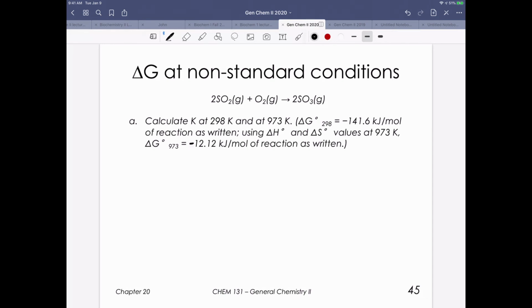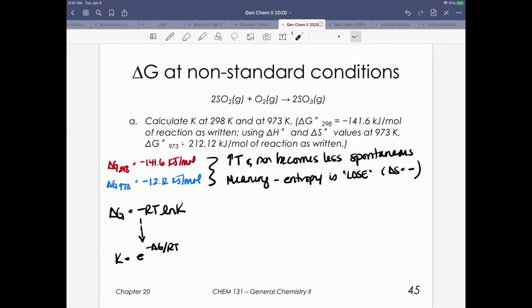So we want to calculate what K is at both of these different temperatures when they give us delta G values for the 2 different temperatures. Okay, so I'm going to give you a little bit of a hint here. Let's think about some of the things that we know.